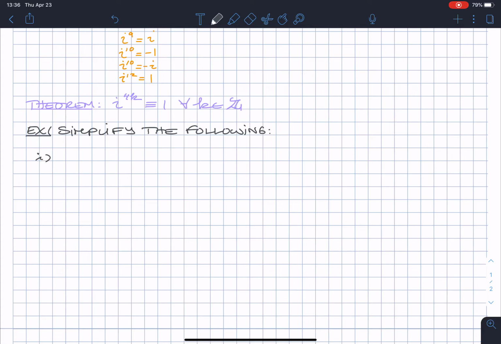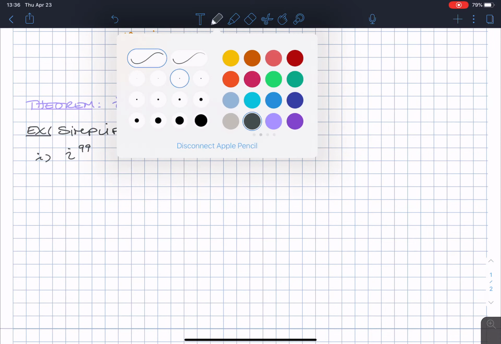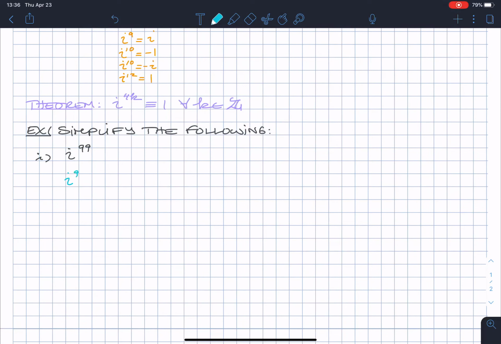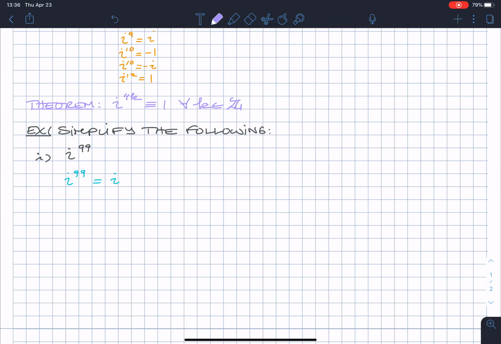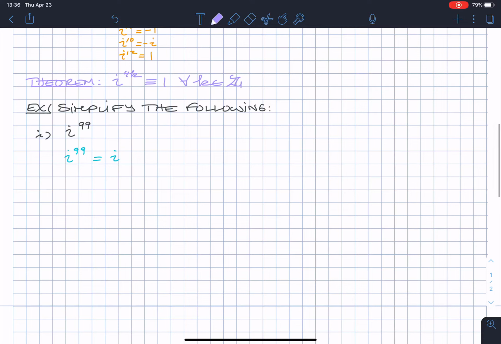So, number 1, let's say I have i to the 99. My goal is to rewrite 99 in terms of a multiple of 4. So 99, 4 does not go into 99. 4 goes into 100, so therefore 4 must go into 96.